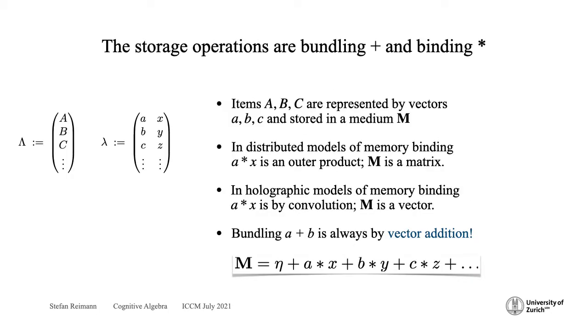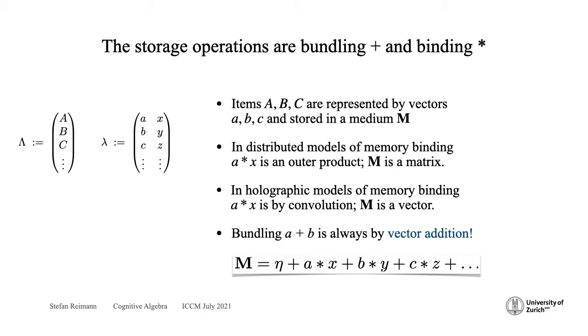Various models have been employed to describe experimental data, including so-called distributed memory models and holographic models of memory. These models use two storage operations: addition-like bundling for collecting items and multiplication-like binding for representing associative, which is item-to-item information.